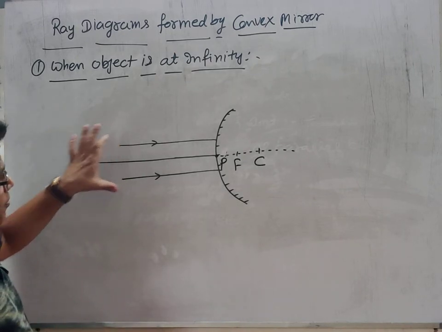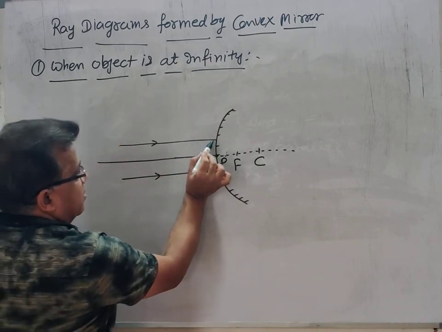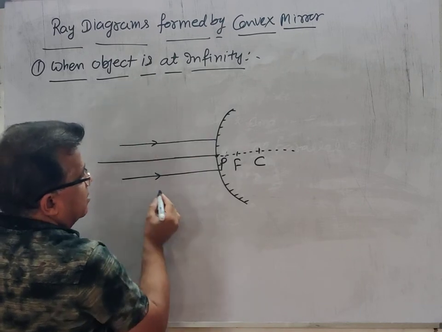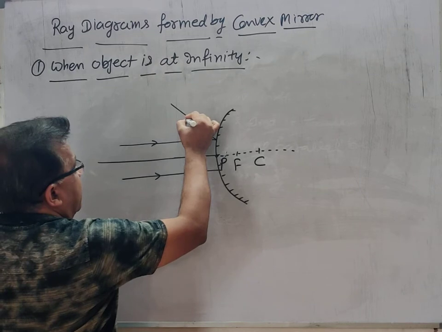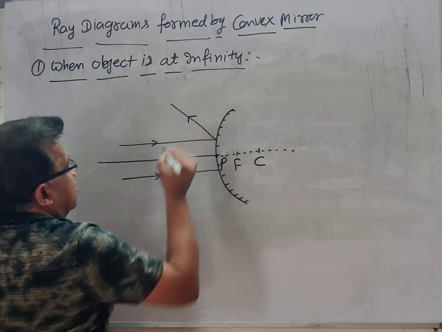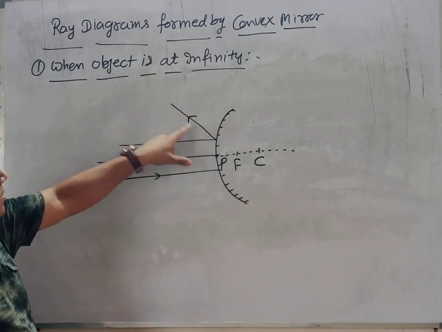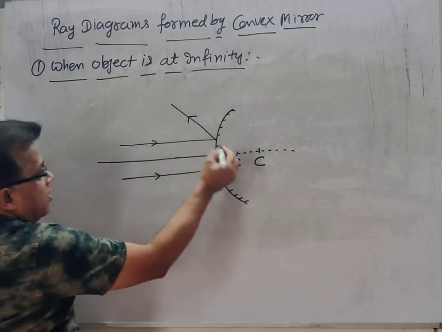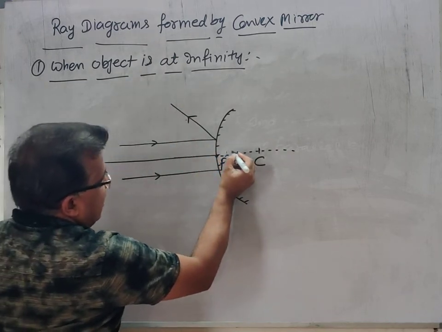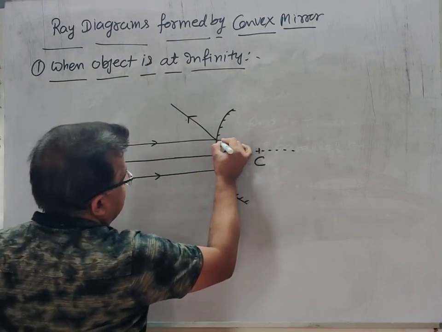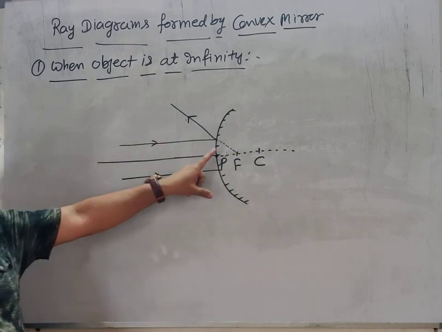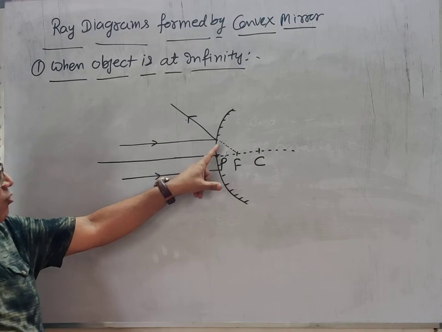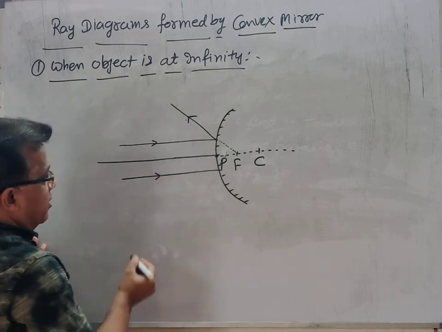Now these parallel beams will strike here and be reflected back. These are incident, it is reflected, but when we see from here, it will appear as if it is coming from principal focus, not actually, therefore we draw it with a dotted line.